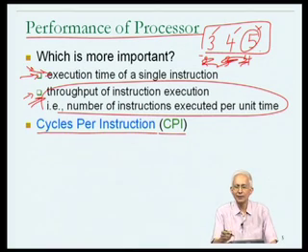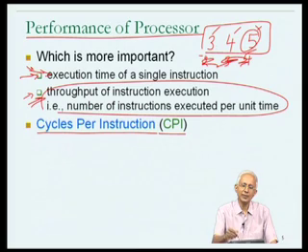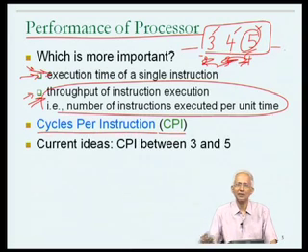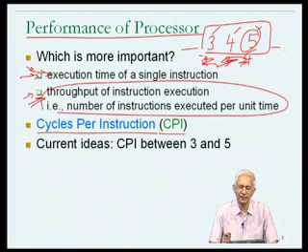When I execute a program on a machine which has these characteristics, some of the instructions may take 5 cycles and some of them may take 3, but no instruction is going to take less than 3 cycles, no instruction is going to take more than 5 cycles. Therefore, however many instructions have to be executed as part of running a program that I'm interested in, the CPI is going to end up somewhere between 3 and 5. It can't be less than 3, it can't be more than 5, using the current ideas, under certain simplifying assumptions, of course.